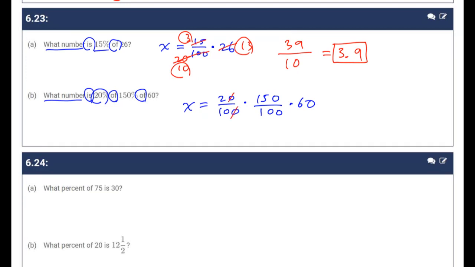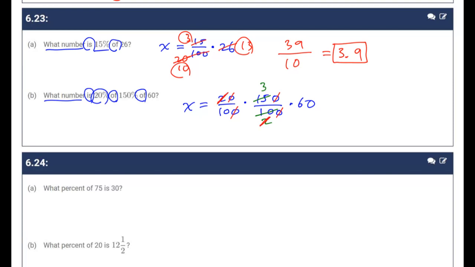10 by 10. 10 by 10. Now, I think I can divide this into 5. So it will be 5 times 2 is 10. And 5 times 3 is 15. And I think I can reduce this 2 and that 2.